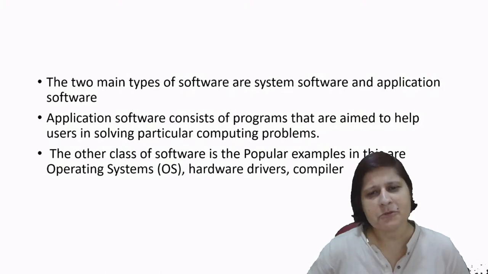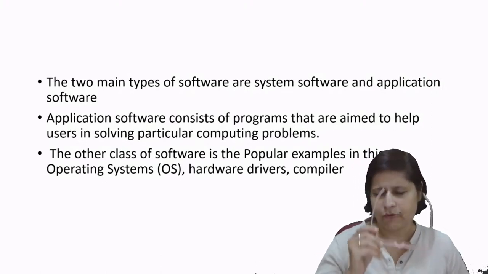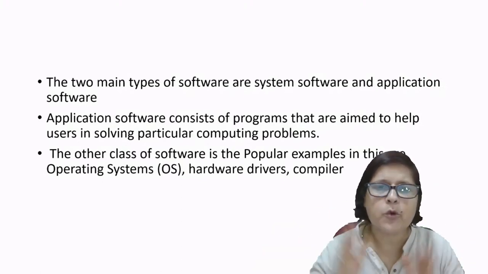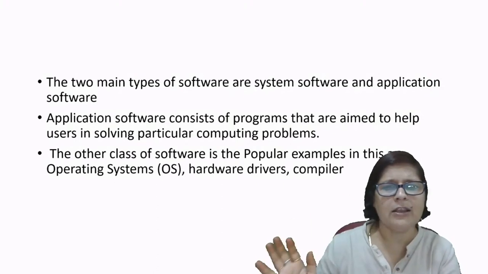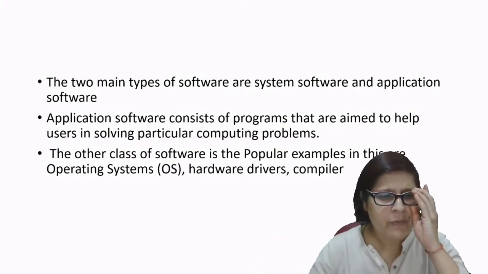There are two main types of software: system software and application software. If we divide software, we can divide it into two categories: the system software and the application software. What is application software?